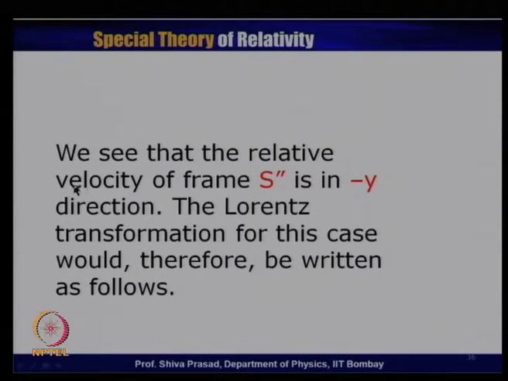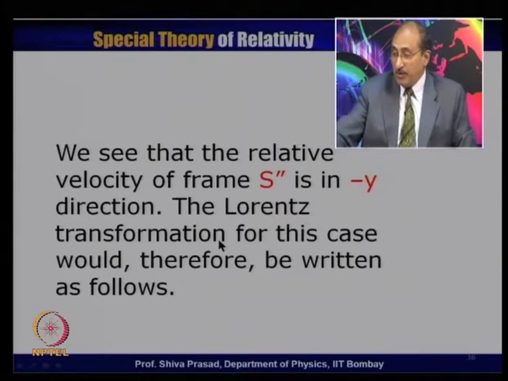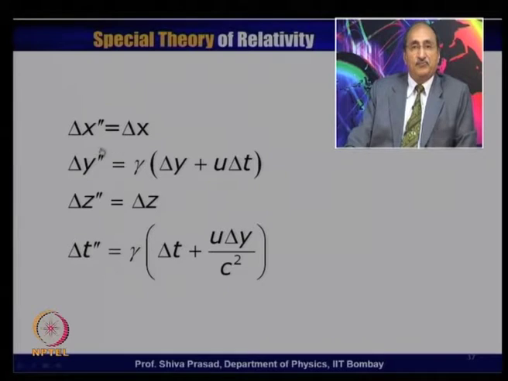Let me just read this. We see that the relative velocity of the frame S double prime is in minus y direction. The Lorentz transformation for this case would therefore be written as this equation. Now, delta x double prime would be same as delta x, because in this direction there is no relative velocity. Delta z double prime would be same as delta z, for the same reason.